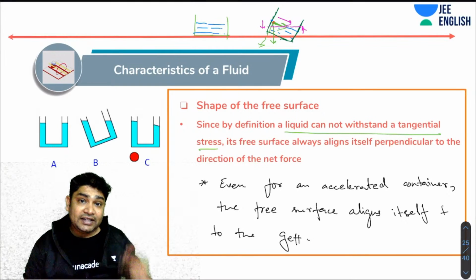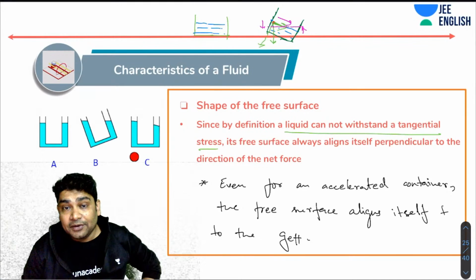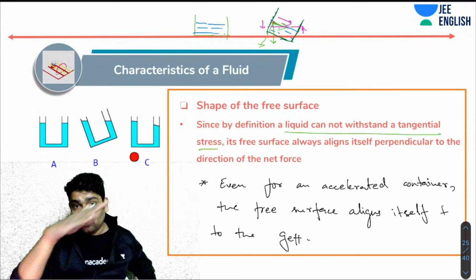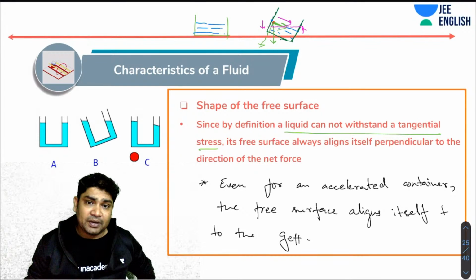So if you want to find the shape of the free surface, you can find g effective, and you will know that the free surface will always be perpendicular to that.